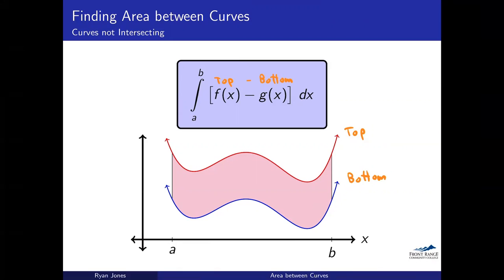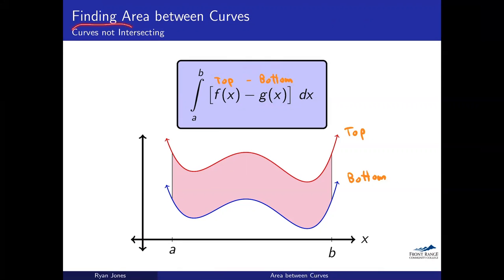Be careful, because sometimes in problems F and G will be labeled just to give our functions nice, neat labels, so this formula may not directly apply. It might not be exactly whatever F is listed as minus exactly whatever G is listed as. In general, it's top minus bottom, but we have to generalize it and give it some sort of naming. So in this formula we say F minus G, but it very well could be G minus F instead, depending on which function is on the top and which is on the bottom.